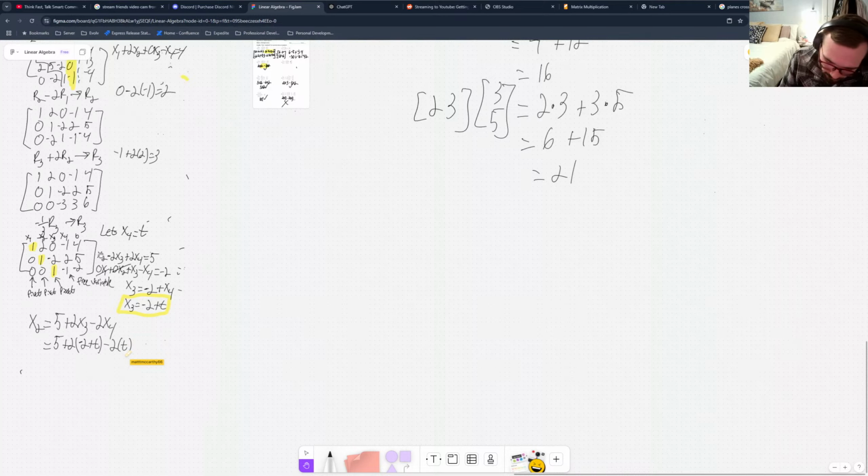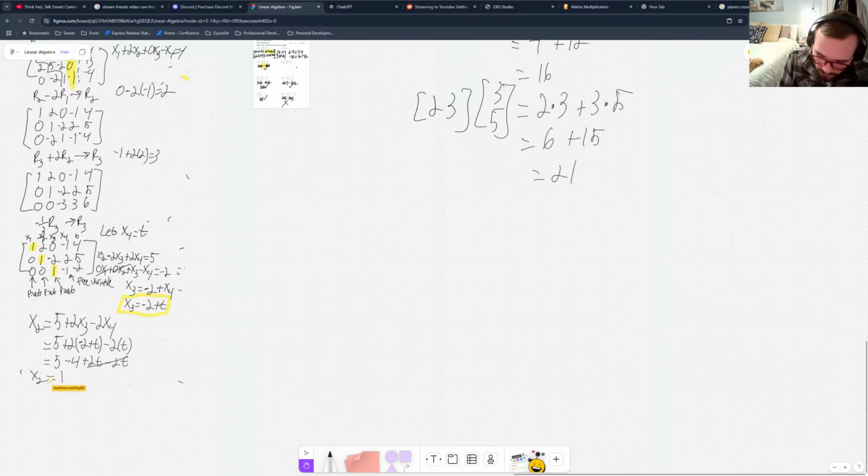And then we can simplify this. So it's 5 minus 4 plus 2t minus 2t. These cancel. In this case, they don't always cancel. Equals 1. So we know x2 is always equal to just 1.